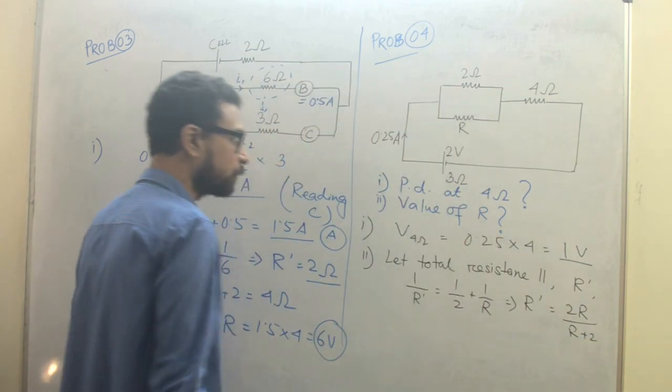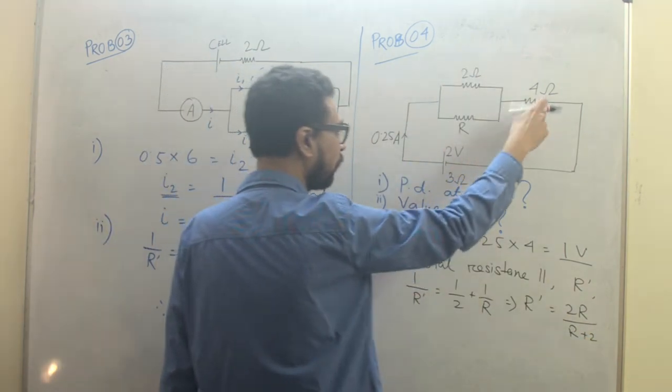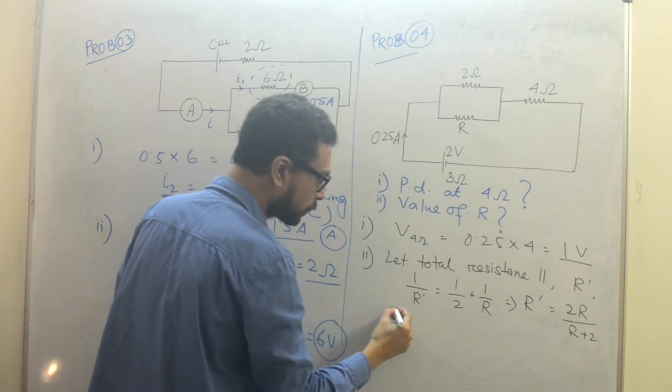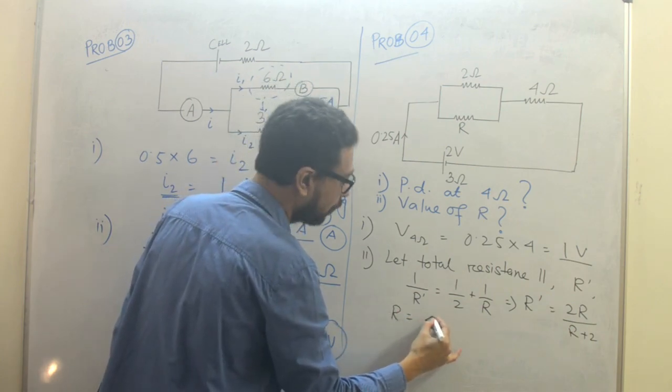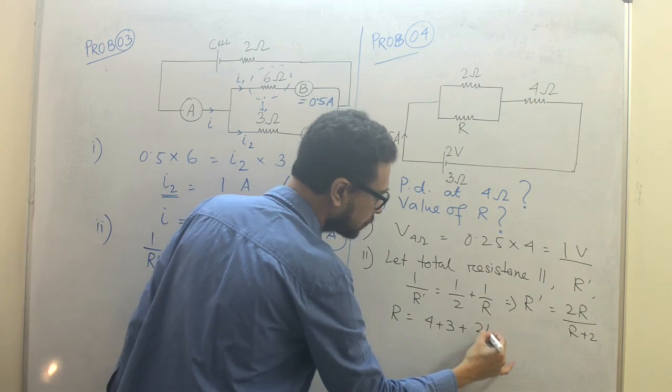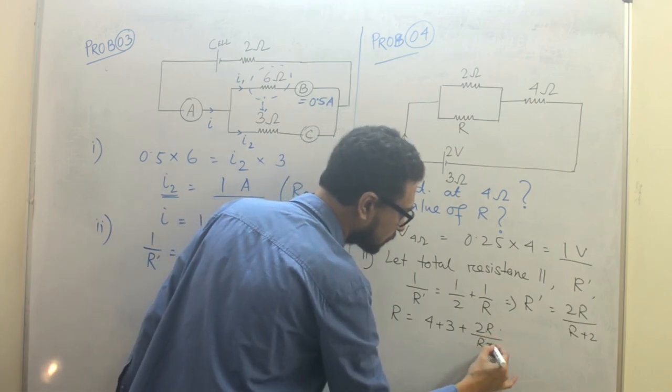Keep it, no issue. So this R dash, 4 and 3, they are in series. So total resistance is 4 plus 3 plus 2R by R plus 2.